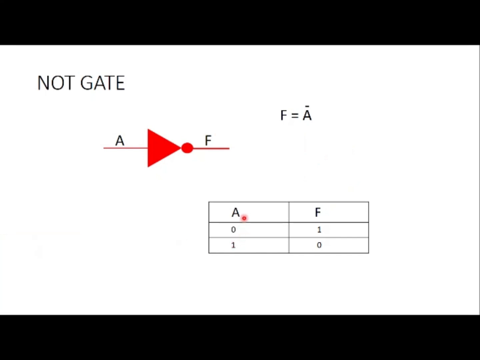So we can name them as the input A and the output F in the truth table of the NOT gate, and then A is 0, 1, and as I said, A complement means the opposite of the input. Opposite of 0 will be 1, so the output will be 1. The input we entered is 1, then the output will be 0. Opposite of 1 is 0. So that is how the NOT gate works.